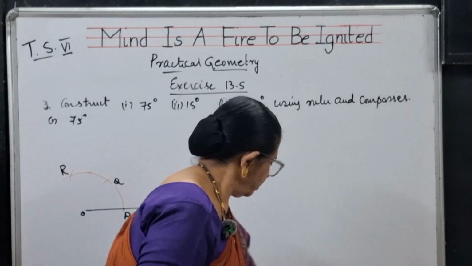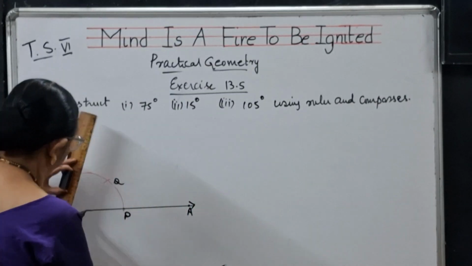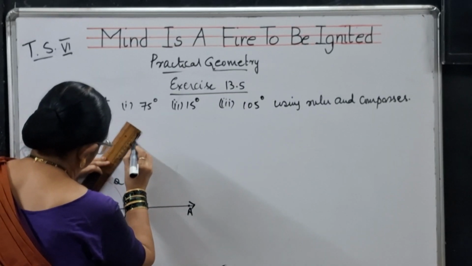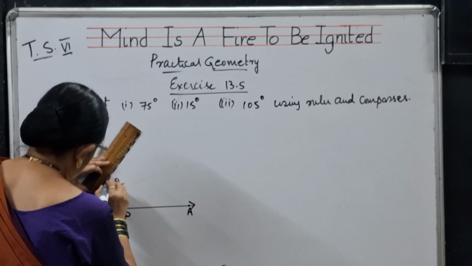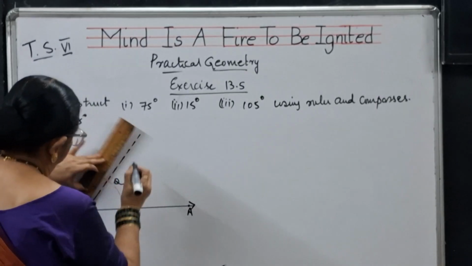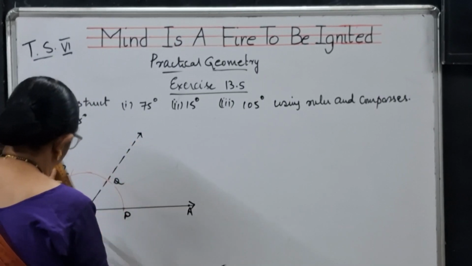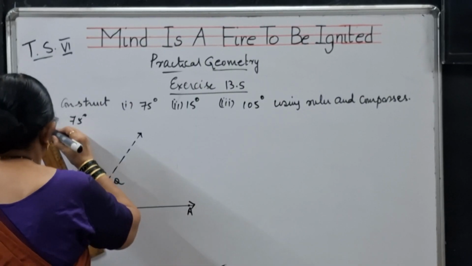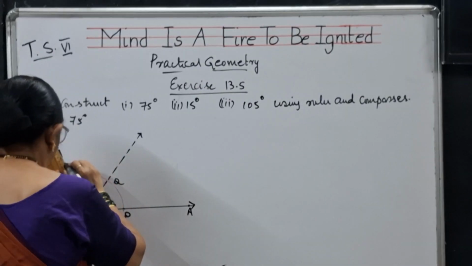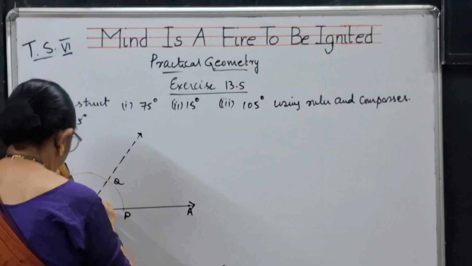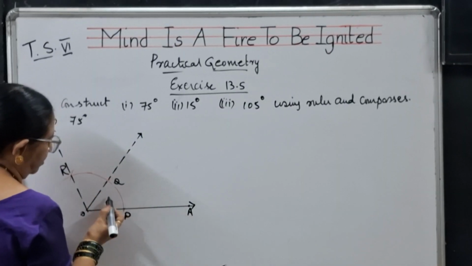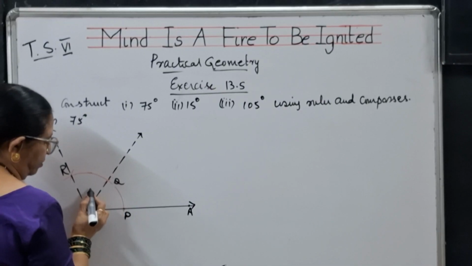So you are getting OQ ray and OR ray. So this is 60, this is 60.